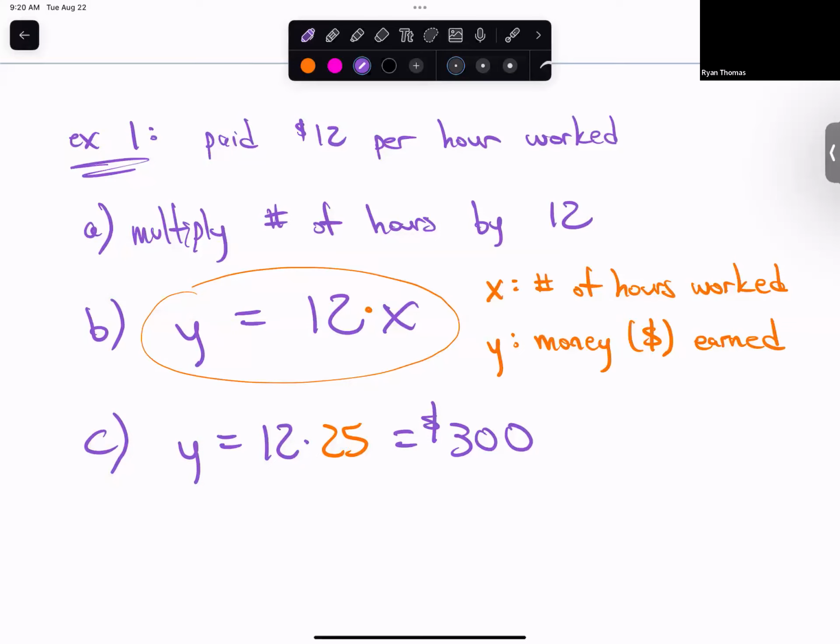What functions do is take two things, in this case the number of hours that you work and the money you earn on your paycheck, or X and Y, which are the symbols we use by default most of the time, and pair them together. It describes how they're related, how they affect each other. Kayla, you said something about how they're both unknown until we know one of them, and then we can figure out the other one, right?